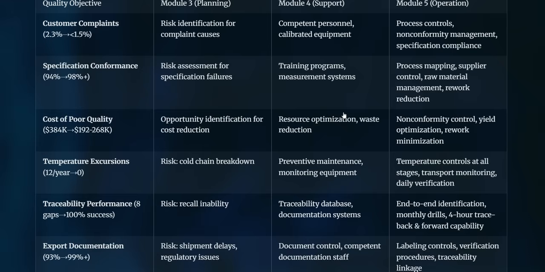Our last quality objective, which is number 6, is export documentation errors. Currently, our organization is at a 93% accuracy rate, and we are targeting a 99% accuracy rate. Through Module 3 planning, the risks have been identified as associated with shipment delays and regulatory issues.